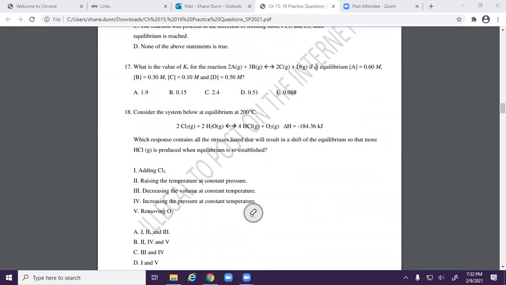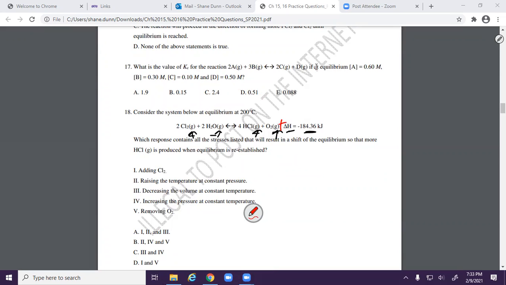I'm keeping track. Okay, 18, Le Chatelier's principle yet again. I keep making this on purpose because guess what? It's important. Okay, what are our forms of matter here? They're all gases, which means they all matter. Okay, I got a delta H value. It's negative. Products or reactant side?